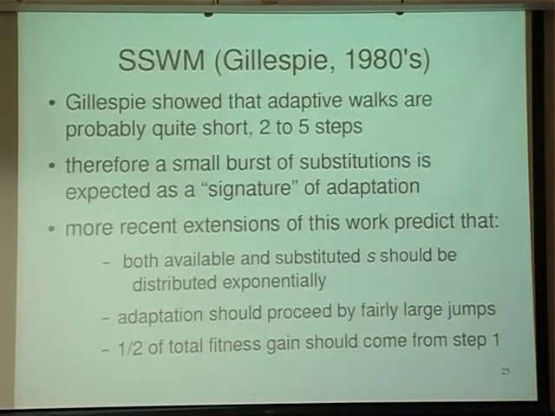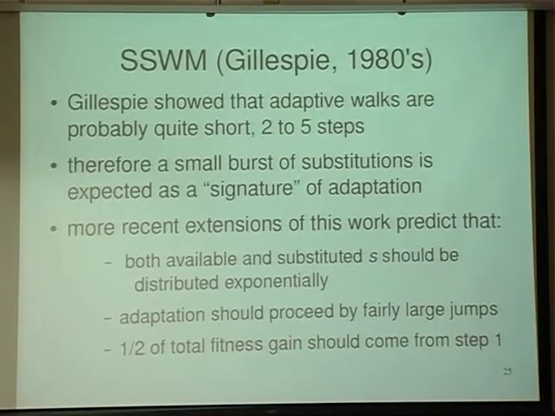walks. So he showed that they're probably quite short. If you start as a fairly well-adapted population, after 2, 3, 4, a handful of steps, a handful of fixation events, you're probably as close to the peak as you're ever going to get. Because as you get closer, the fraction of mutations that are still beneficial is declining.